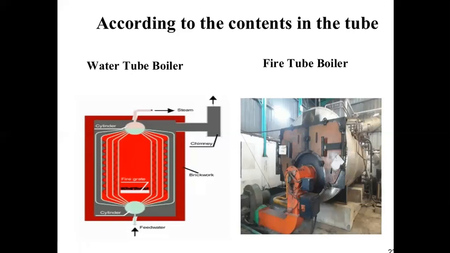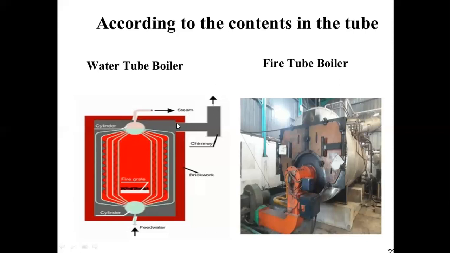These hot gases surround the tubes, so the water in the tubes gets heated by absorbing the heat from the hot gases, and it is converted into steam. At the end it is collected as steam. The exhaust gases then pass through the chimney to the atmosphere.